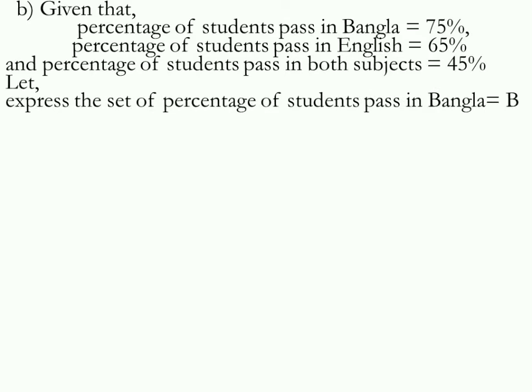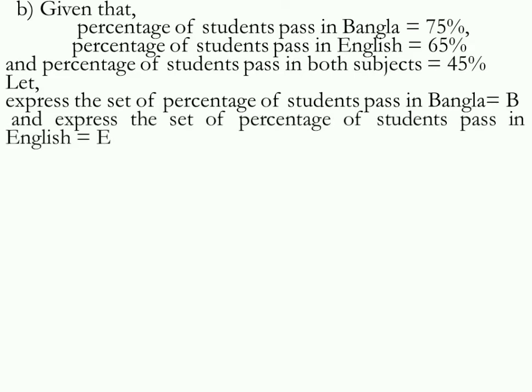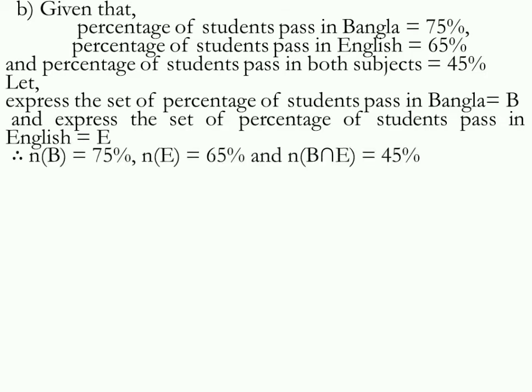Now let us express the set of percentage of students who pass in Bangla as B, and the set of percentage of students who pass in English as E. Then the number of B should be 75, the number of E should be 65, and the number of B intersection E, that means in both subjects, is 45%.